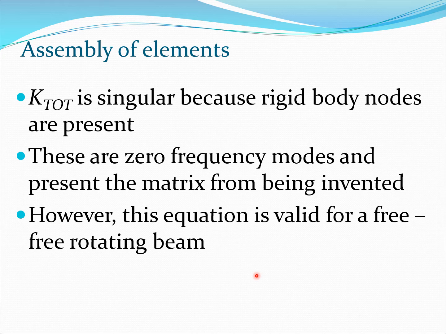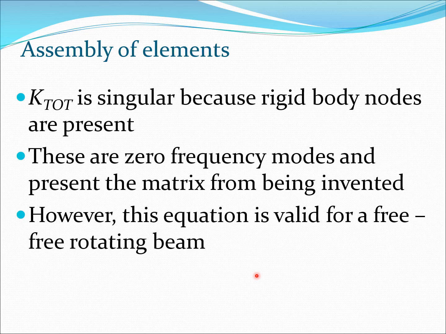Now there are certain intricacies here which need to be addressed. One is that if you try to find natural frequencies, you are going to find that this matrix is going to be singular because rigid body modes are involved. And that is because we have not imposed any boundary conditions on this problem. Now essentially this current equation is valid for a free beam.